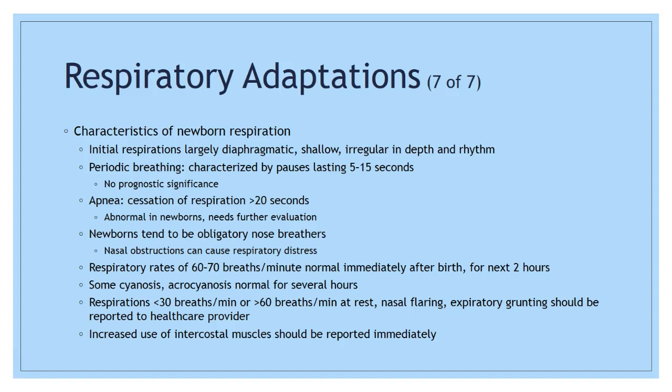So anything less than 30 or anything greater than 60 when a newborn is at rest should be watched closely, especially if it is accompanied with nasal flaring, grunting, or any type of retractions. That should be reported immediately because those three things, flaring, grunting, and retractions, are telling you that your newborn is struggling.